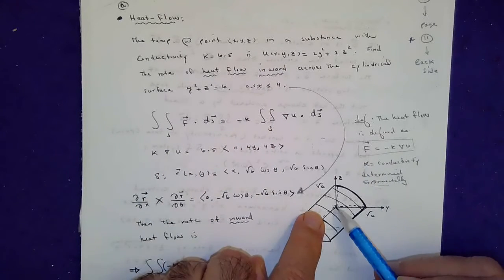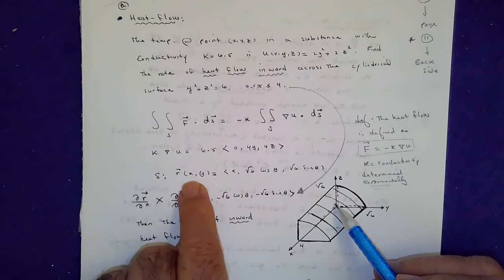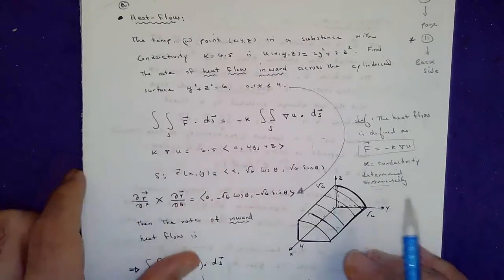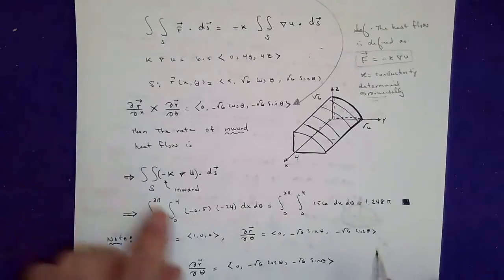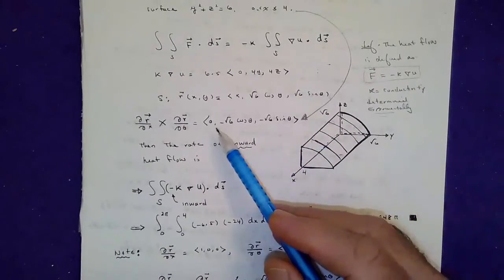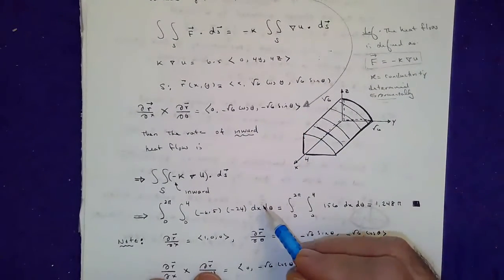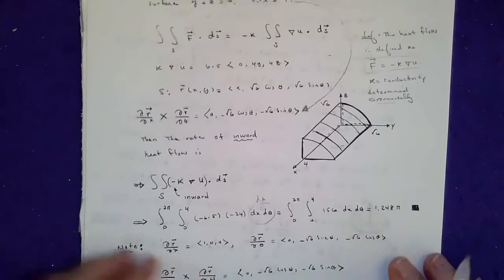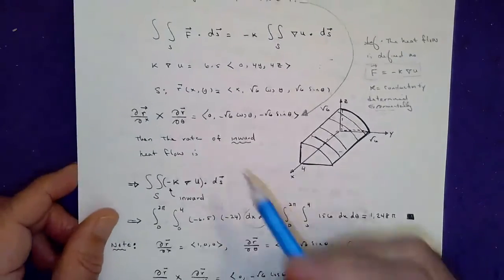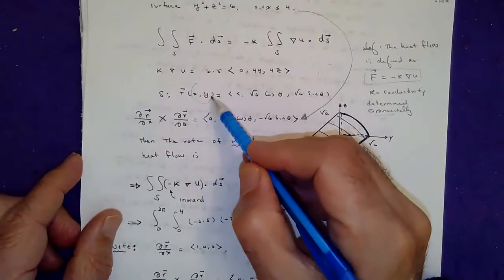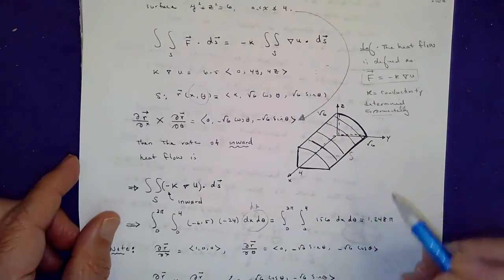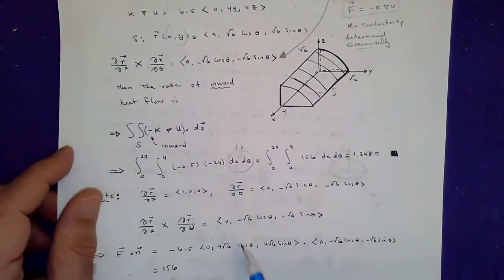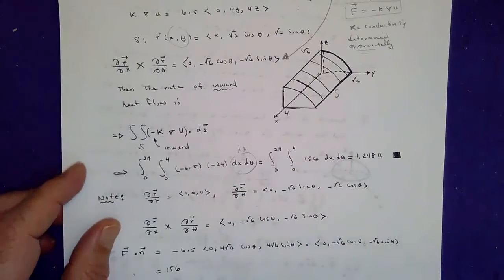Then you have to parameterize the cylinder. So the parameters are x and theta. Then you have to perform this integral. And notice, since the parameters are x and theta, dA is dx d theta. So depending on your parameters, when you parameterize the surface S, your dA element has to be in terms of those parameters, in this case, dx d theta.